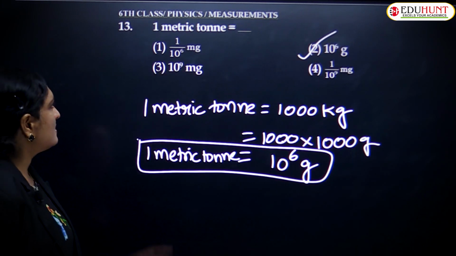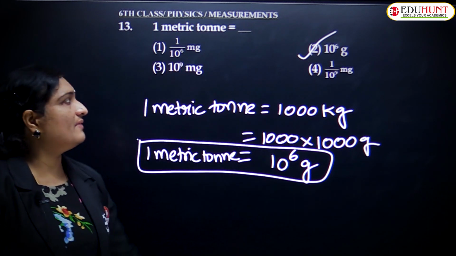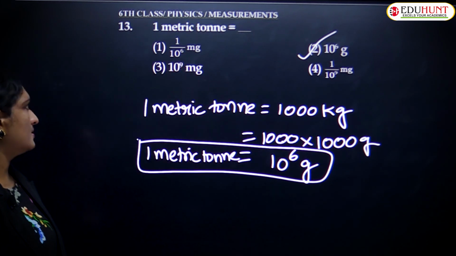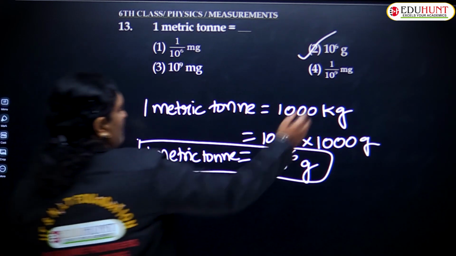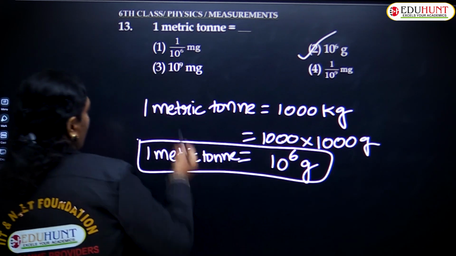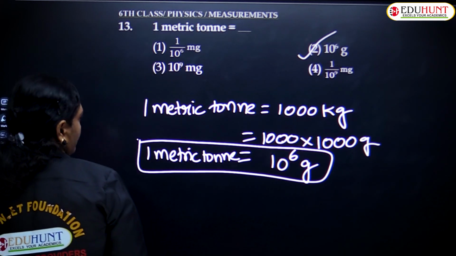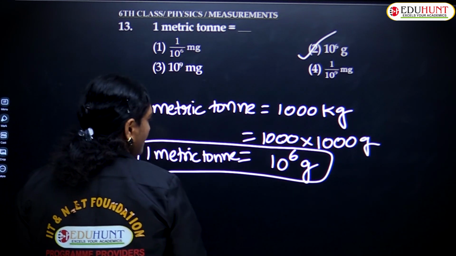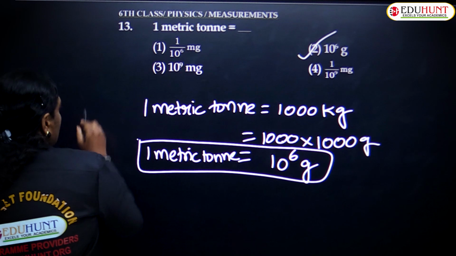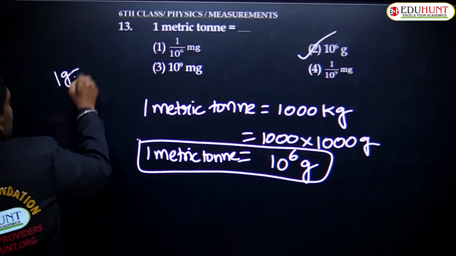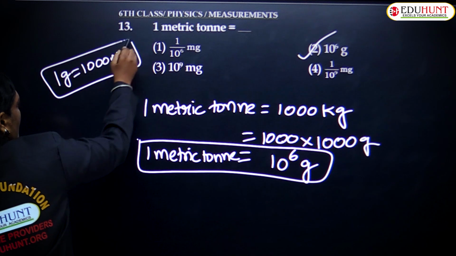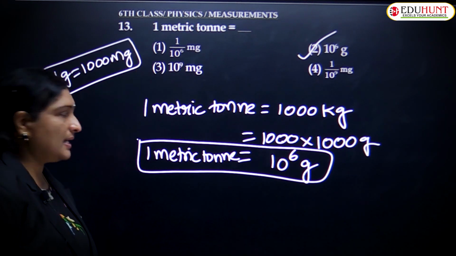Clear? Rest of all were given in milligrams. Let us check whether this is also true or not. Maybe they would have given m here. For the third option, let us try to convert the same in milligrams. We know that 1 gram is equals to 1000 milligram.